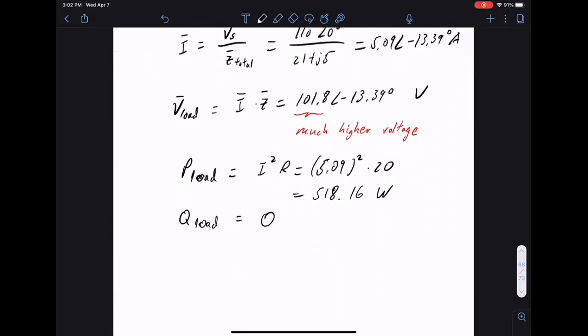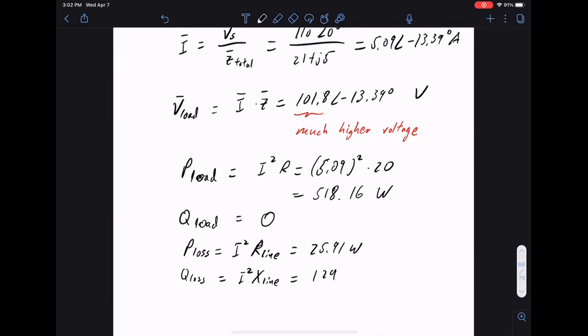And then we can do the same calculations again. I can do the loss, the real power loss. This will be 25.91 watts. Q loss is 129.54 volt-amp reactive.